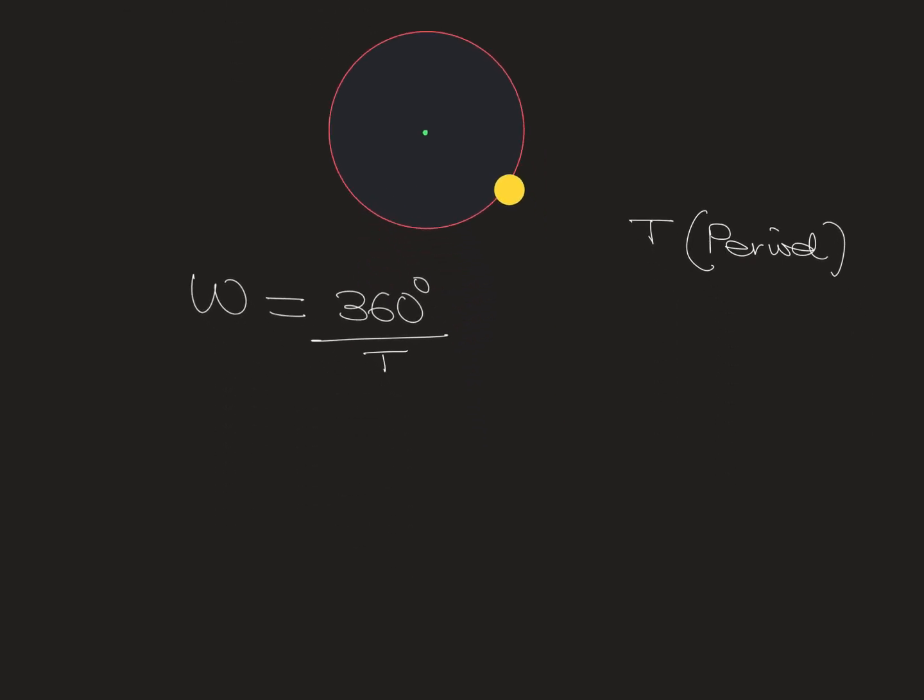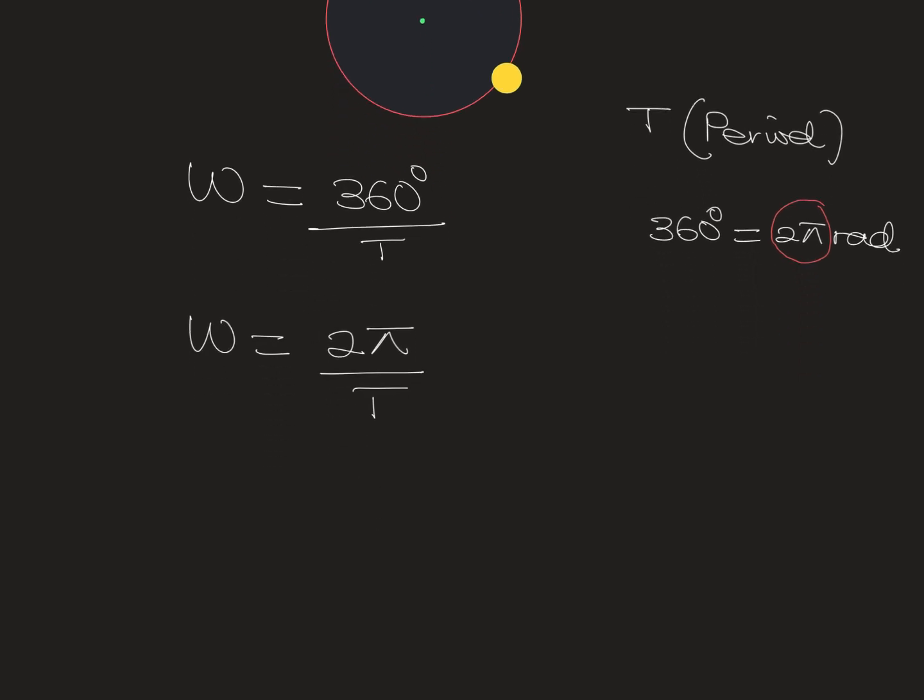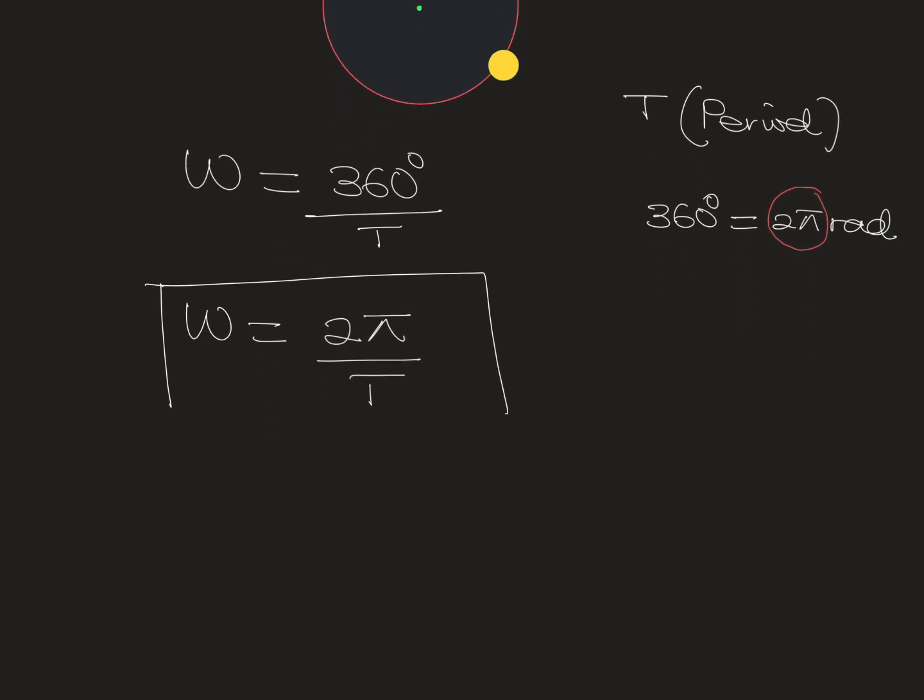Now, moving on, omega will be equal to 360 degrees in terms of radians. You can recall in our previous video, we said that 360 degrees is equal to 2 pi radians. So in the place of 360 degrees, I can write 2 pi, over T. So this is also a formula for the angular velocity.